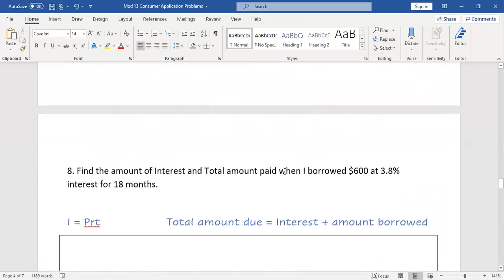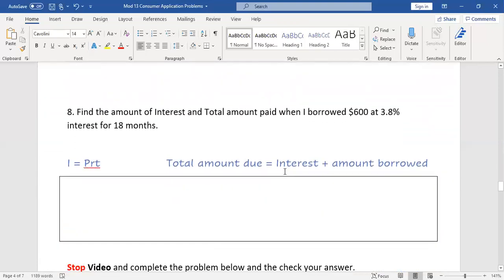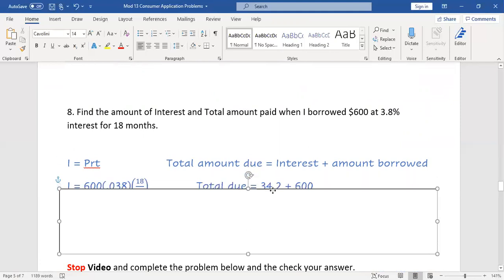Okay, let's go to another type of problem here. Find the amount of interest and total amount paid when I borrowed $600 at 3.8% interest for 18 months. I actually didn't do this, but we'll just say this is what I did.